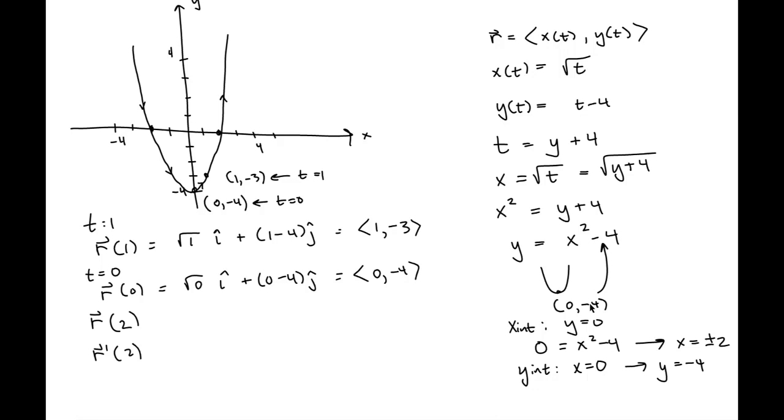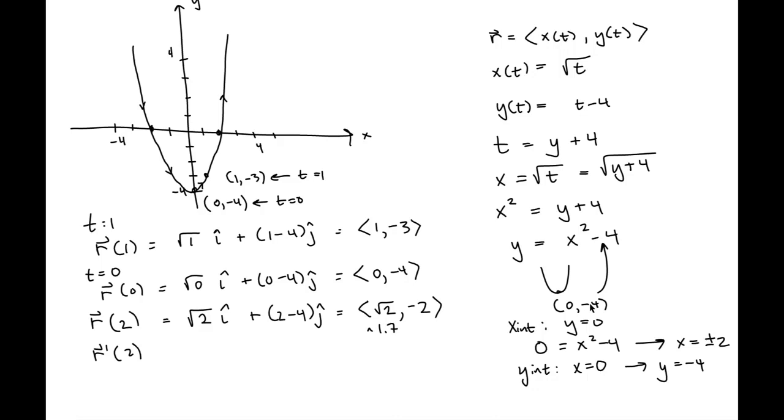Well, the position vector evaluated at t equals 2 is equal to root 2 i hat plus 2 minus 4 j hat, which is equal to root 2 for the x component and minus 2 for the y component. Root 2 is approximately 1.7.